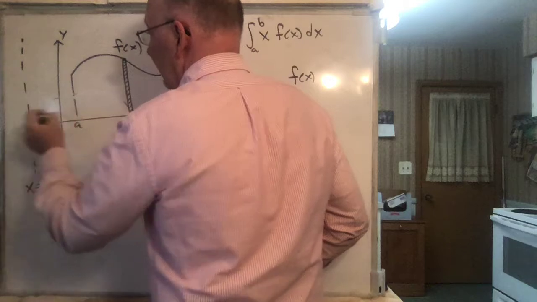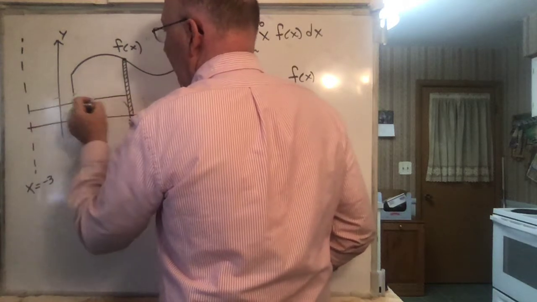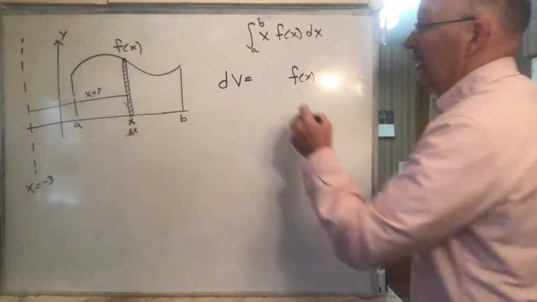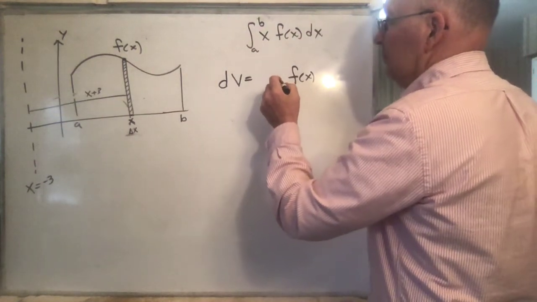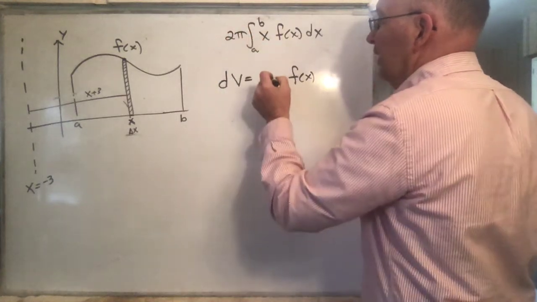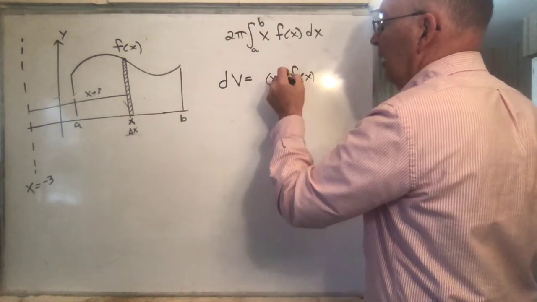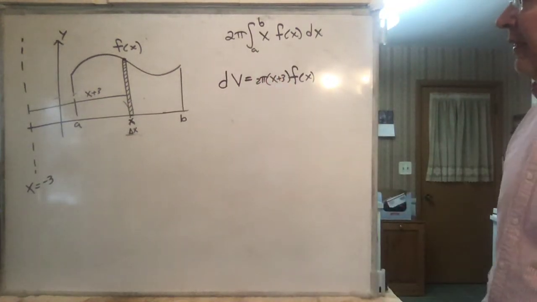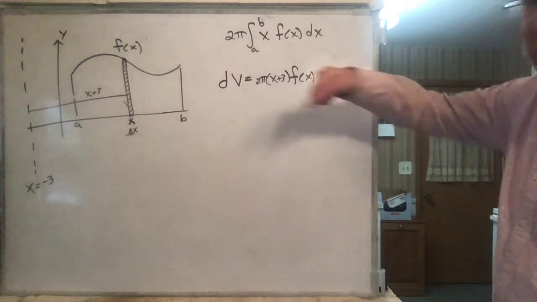But if this point is x, now the length of this radius is going to be x plus 3. This should have 2 pi there. So it should be x plus 3 times 2 pi. That gives you the circumference.